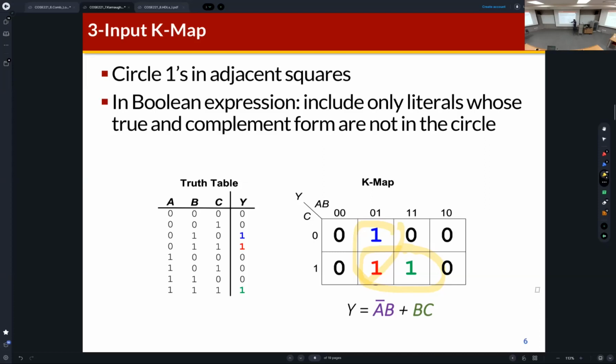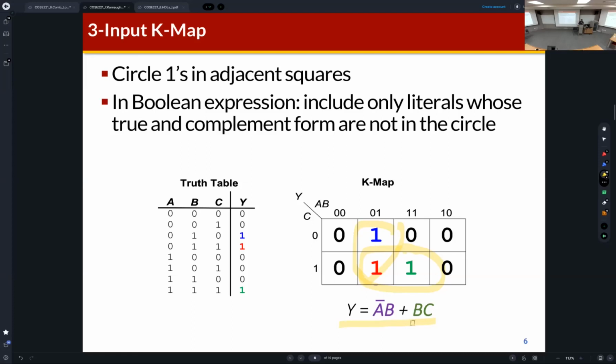So it means A bar B. For this group, A has all the values, 0 and 1, so A is eliminated. So this group becomes B and C. So this is the optimized Boolean equation using Karnaugh Map.